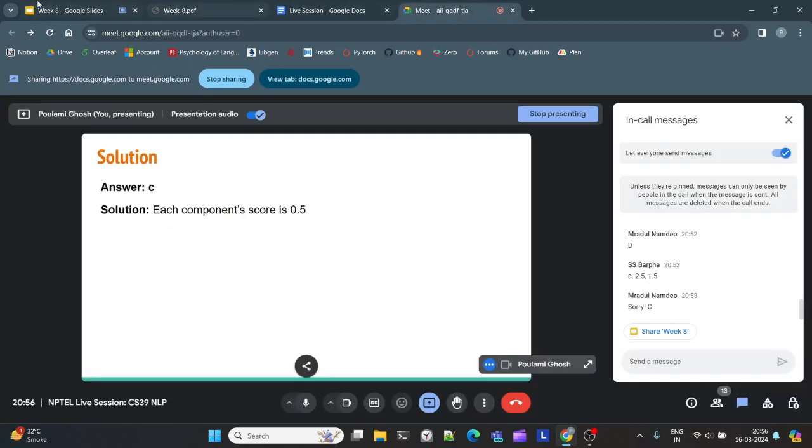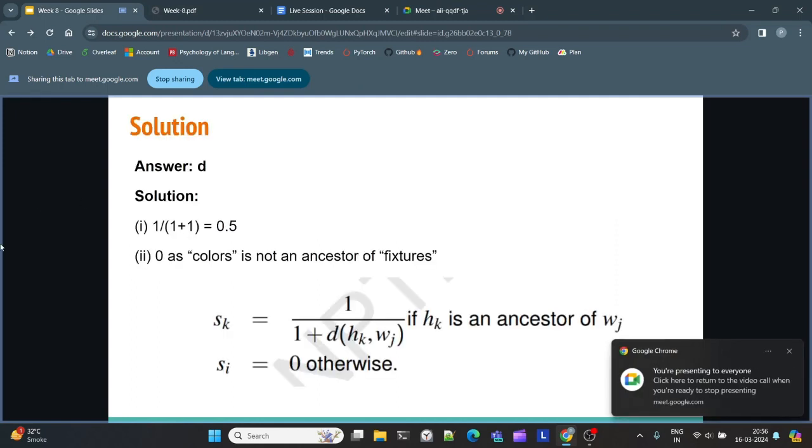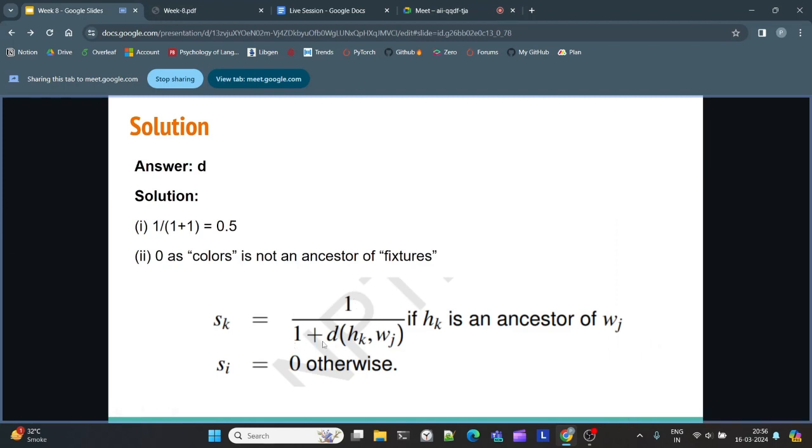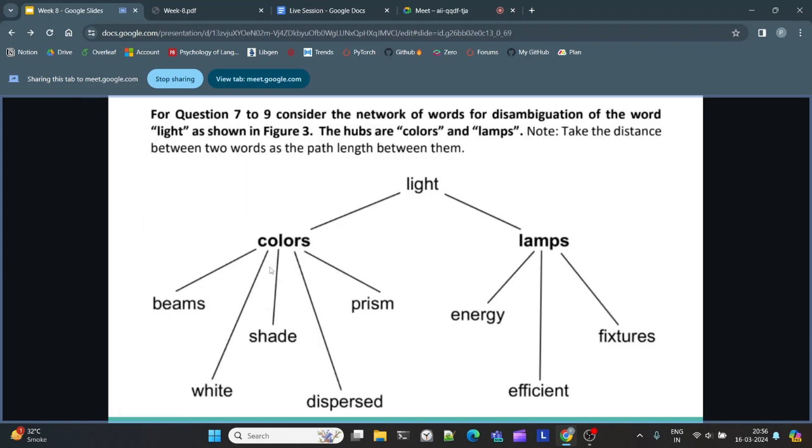Ma'am, could you just say again how we arrived at 0.5 for each node, please? Yes. If you see this formula, how do we compute the score? It's 1 by 1 plus the distance between the hub and the word. If we consider the hub colors and the word white, what would we do? We will see what is the distance between the two words.